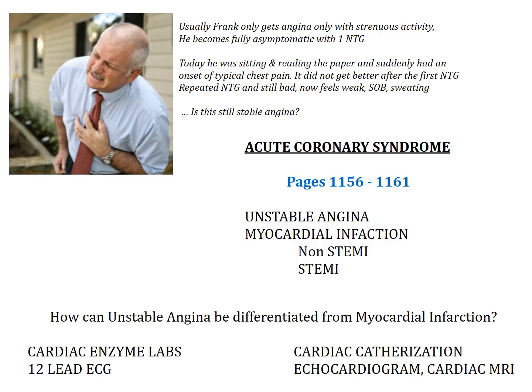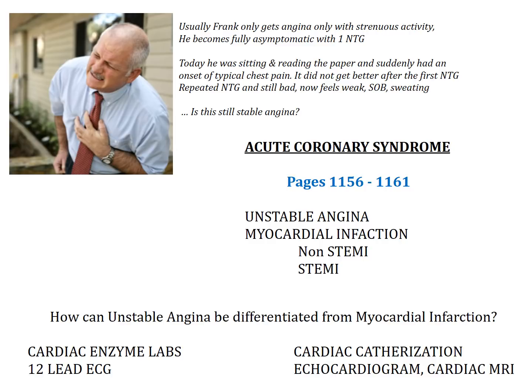And if it were an MI, is it the non-STEMI or is it the ST segment elevated MI? Where the STEMI is the worst of it all, where again, you've got transmural ischemic injury across the entire wall of the myocardium.